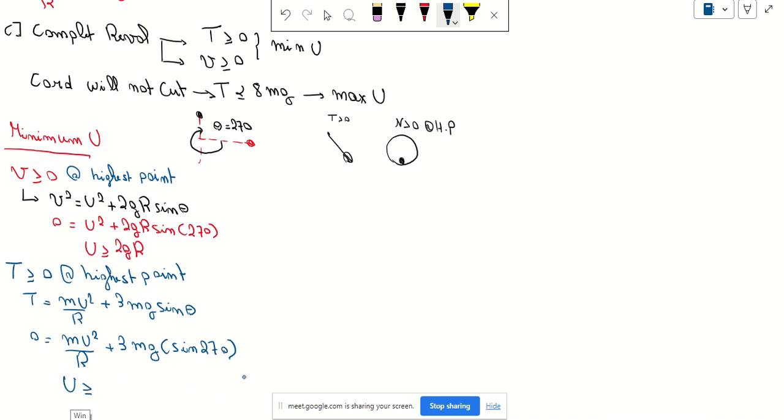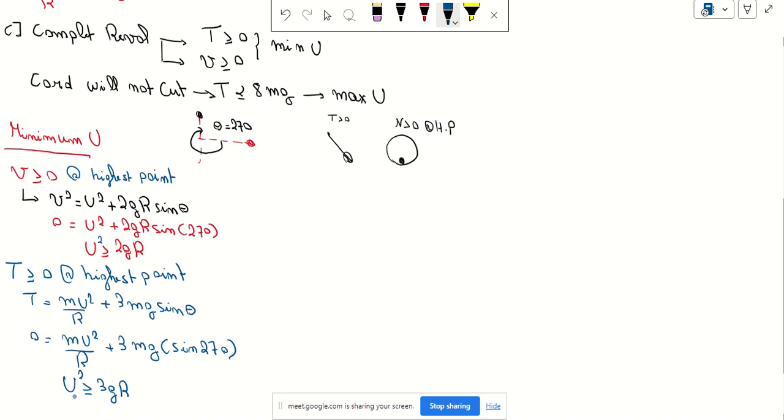I need to check, is it u or u squared? It's u squared. This is u squared, greater than or equal 3gr.